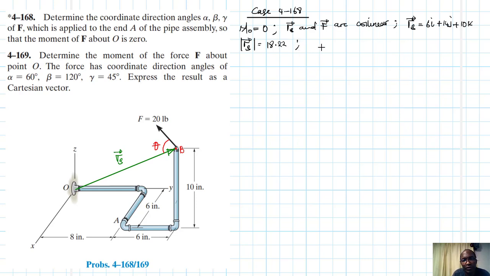So now let's find the unit vector that will allow us to find the direction angles.